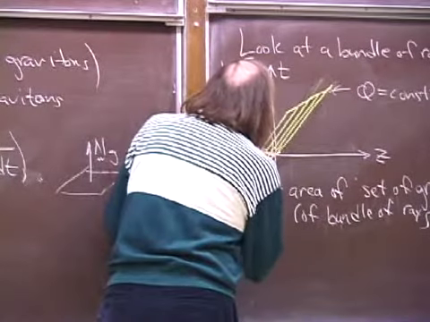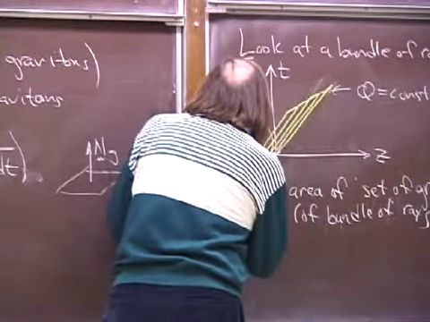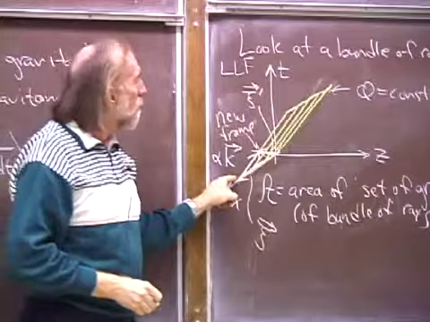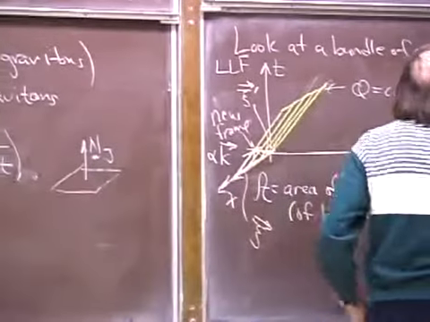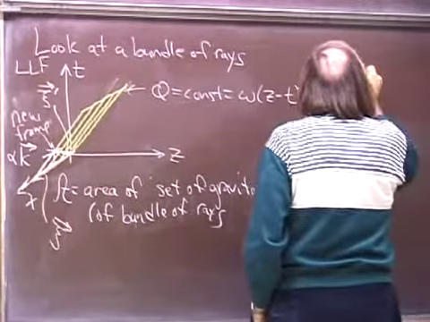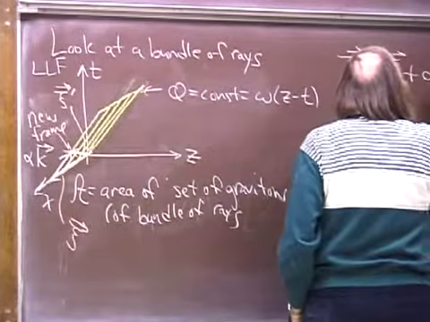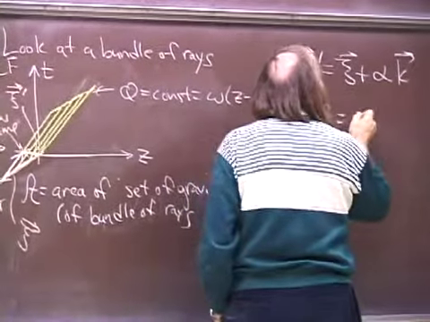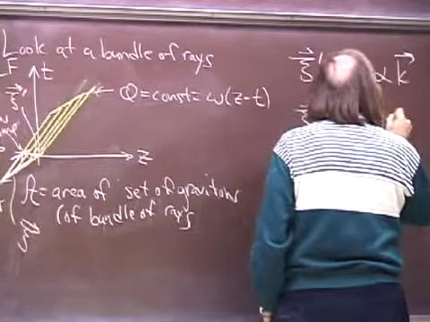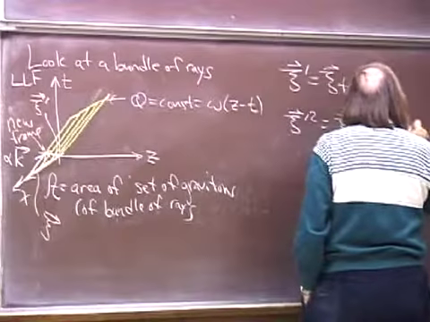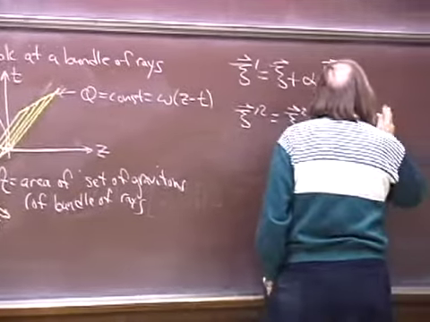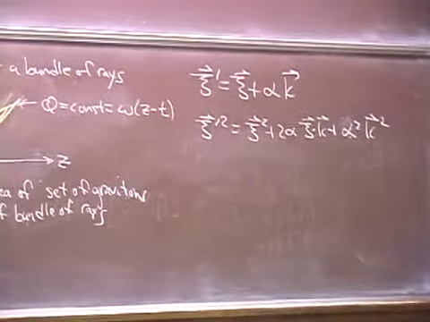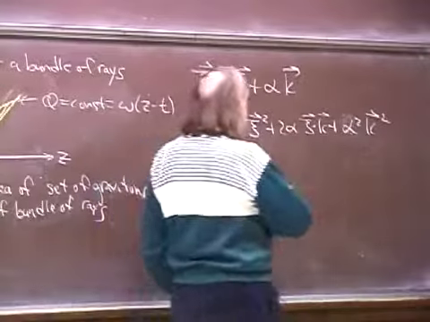That's this vector here, which is just some multiple of the wave vector because it's pointing along a ray. So the statement is that xi prime is equal to xi plus some multiple alpha of K. So xi prime squared is just xi squared plus 2 alpha xi dot K plus alpha squared times K squared. K is null, and so K squared vanishes.